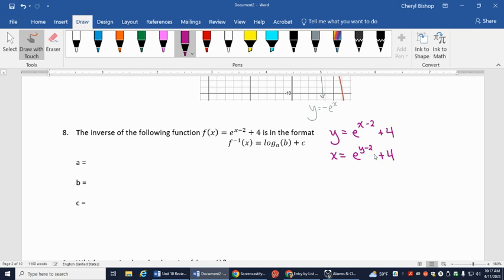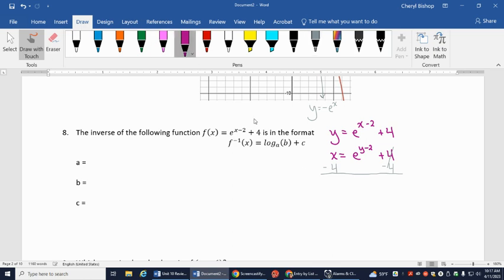So the first thing I'm going to do is I need to get this e to the (y minus 2) all by itself. So I need to get rid of this plus 4. What do I do? Subtract 4. I know eventually it's going to turn into a log. But first I'm going to deal with just simplifying the exponential part.